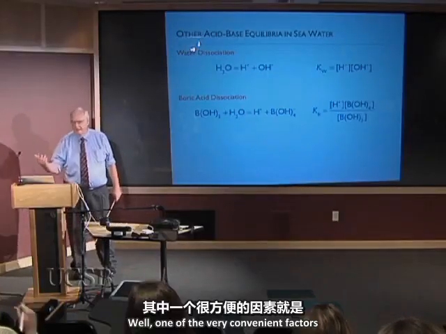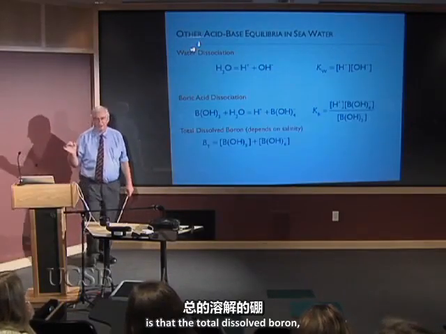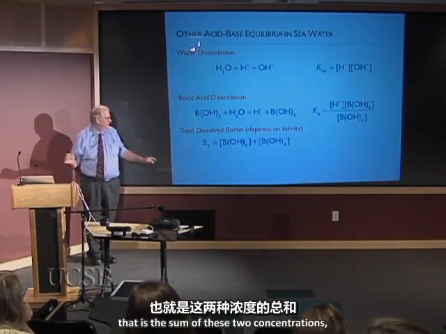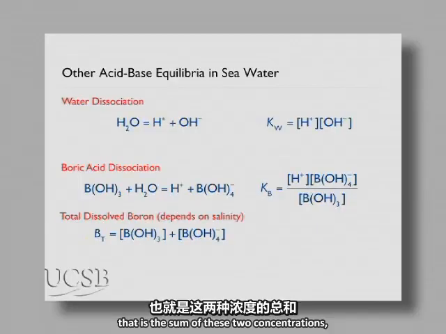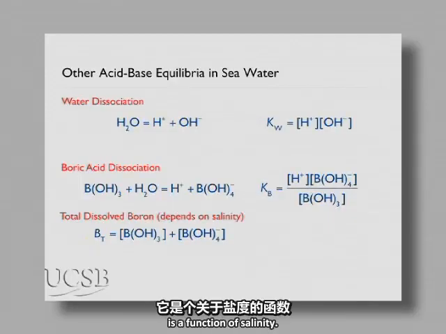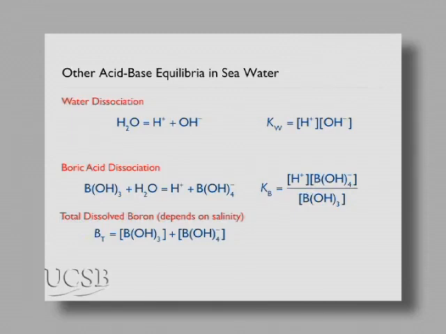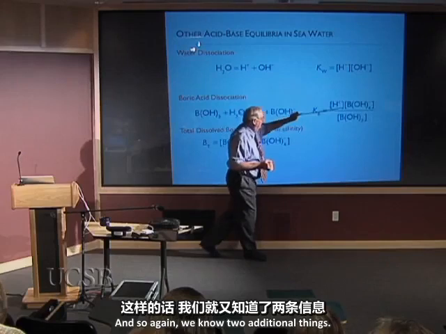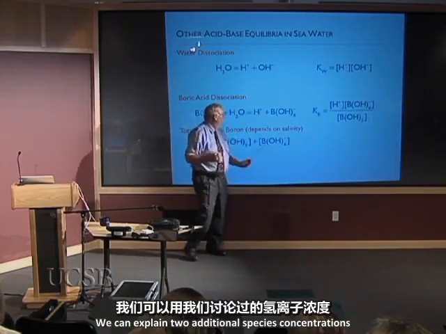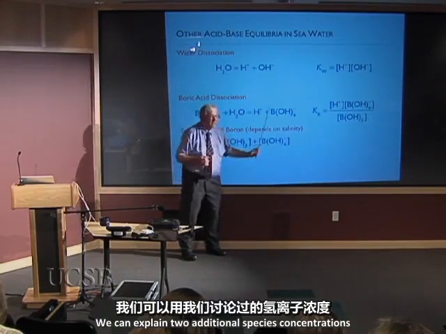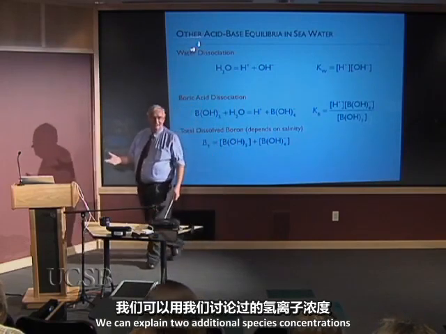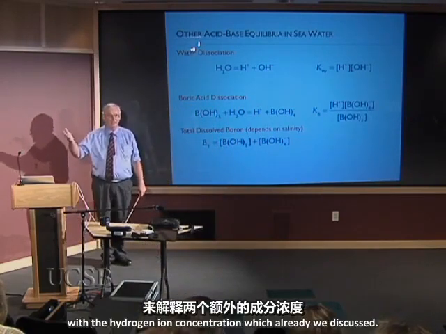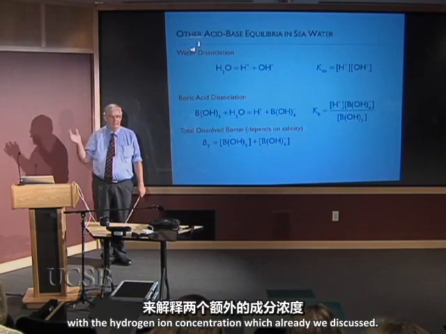Well, one of the very convenient factors is that the total dissolved boron, that is the sum of these 2 concentrations, is a function of salinity. And so, again, we know 2 additional things. We can explain 2 additional species concentrations with the hydrogen ion concentration, which we already discussed.